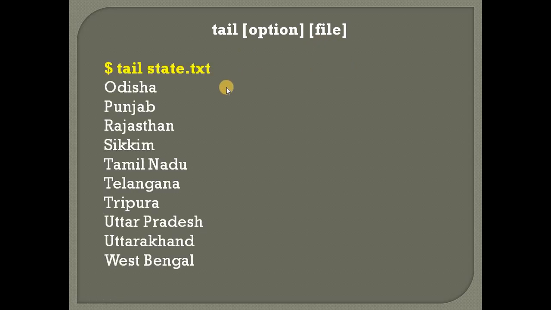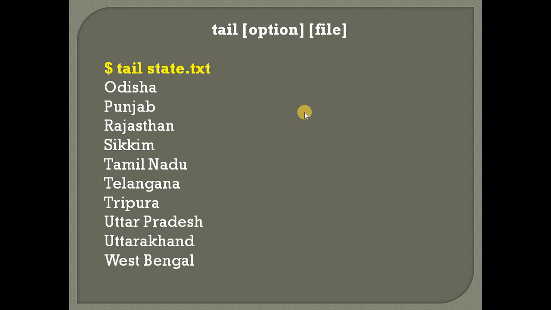So now you can see over here the syntax, which is similar to the head command, only that we are going to use tail: tail, option and file name. We can see an example over here, tail and the file name. You will be able to see the last 10 records of this particular file, state.txt.